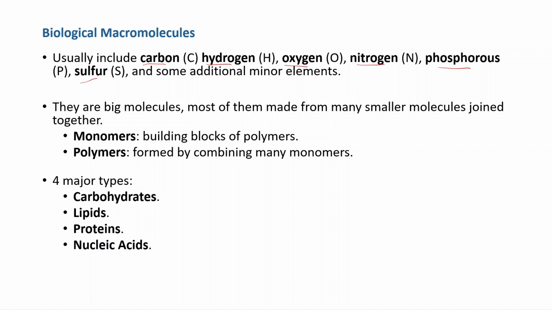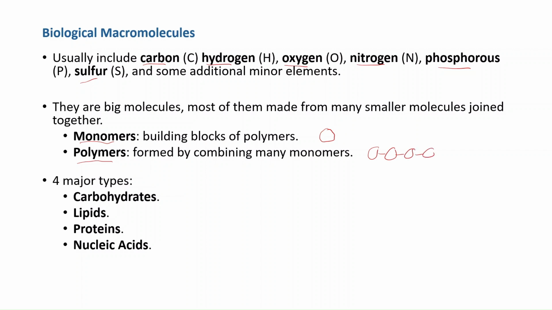Most of them are made up of small molecules that are joined together, kind of like a necklace made up of beads. So the building blocks are called monomers. That'll be the bead. A polymer is formed by combining many monomers. That's when you get your necklace.